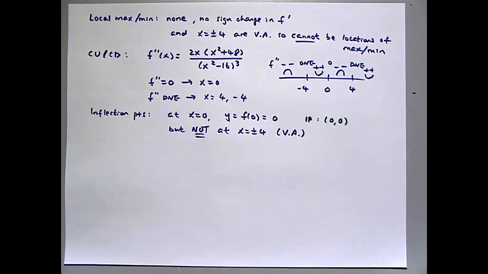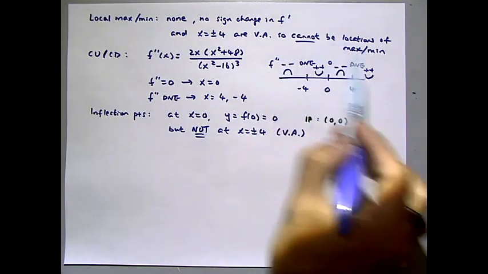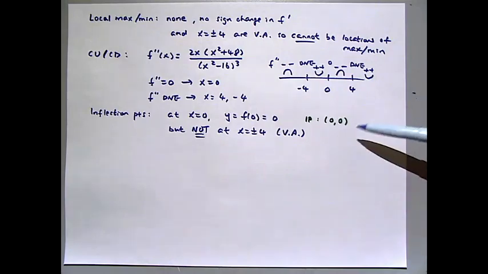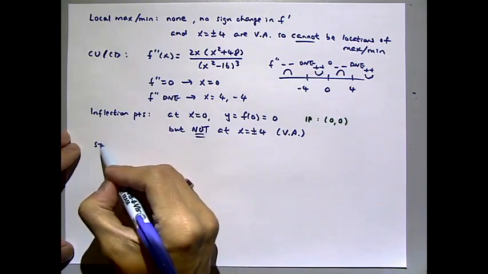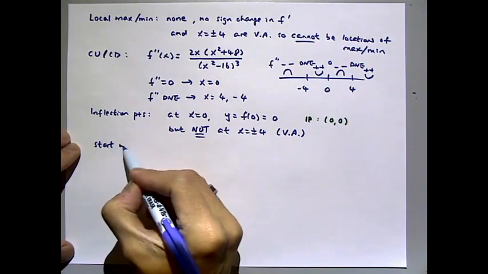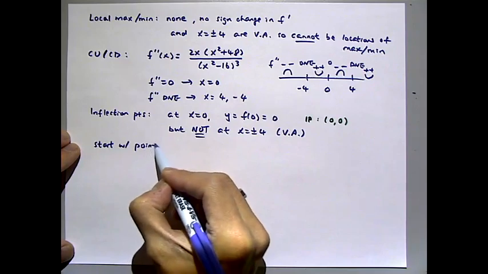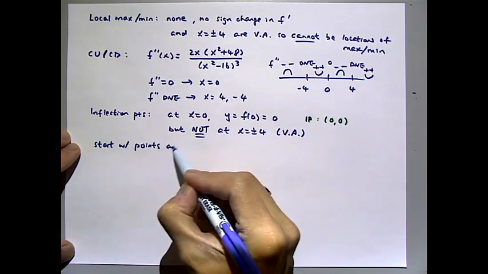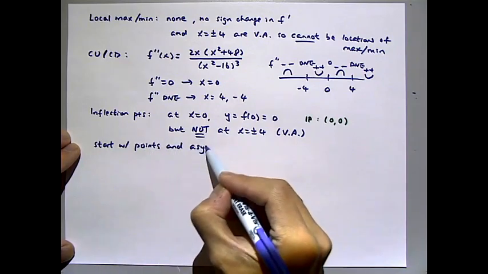Okay, so we got shape here. This is always useful. Shape is always useful. The inflection point is not a new point, not terribly useful. Now we start with points as usual, and asymptotes.